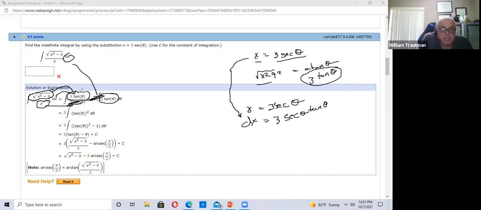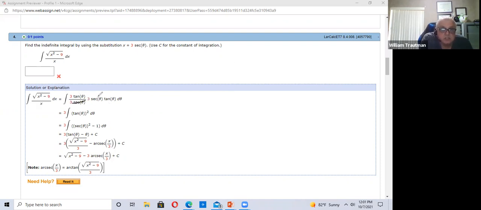I'm going to bring the 3 out. Tangent theta times tangent theta is tangent squared theta. And then we integrate. Oh, we don't integrate yet. They're going to convert that tangent squared theta.